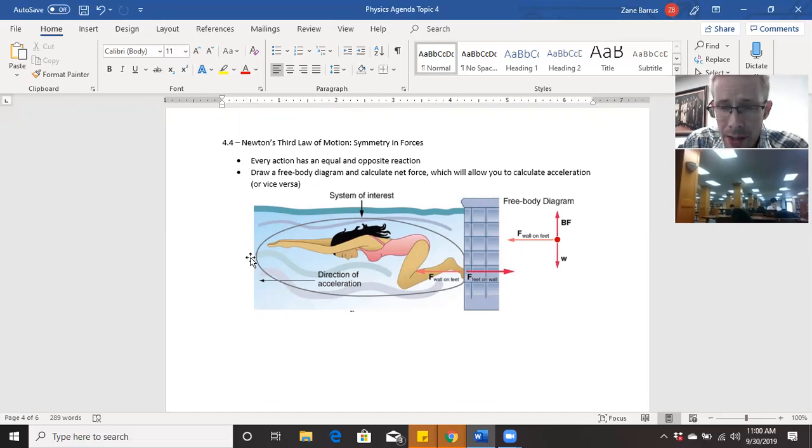Now this is where, you know, it can get kind of confusing if you haven't thought about this that much, but it comes back to this idea that if you are a swimmer pushing off on a wall in a pool, you are pushing off on the wall with a force. Okay, at the same time, the wall is pushing off on you. Okay?